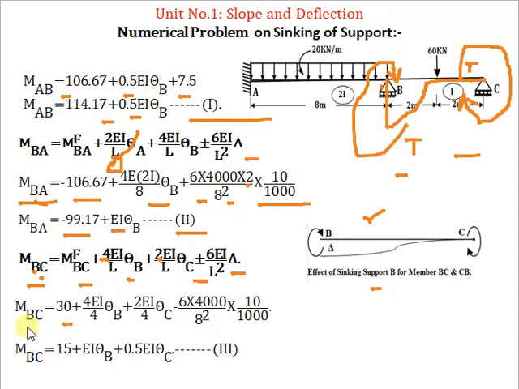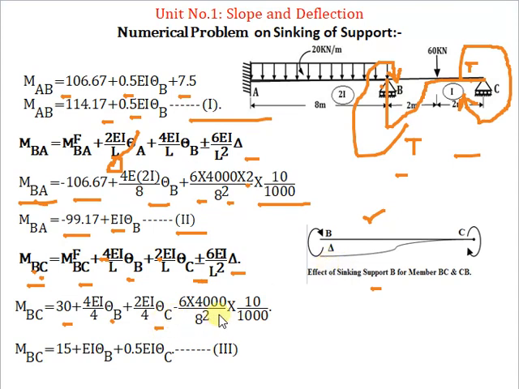Putting the value, MBC is equal to 30 plus 4EI by 4, which is the span, into theta B. Now theta B and theta C will be here because at B and at C there is a simply supported or roller support. 2EI by 4 into theta C minus. Now why minus? Because the moment is in a clockwise sense. Minus 6 into 4000.